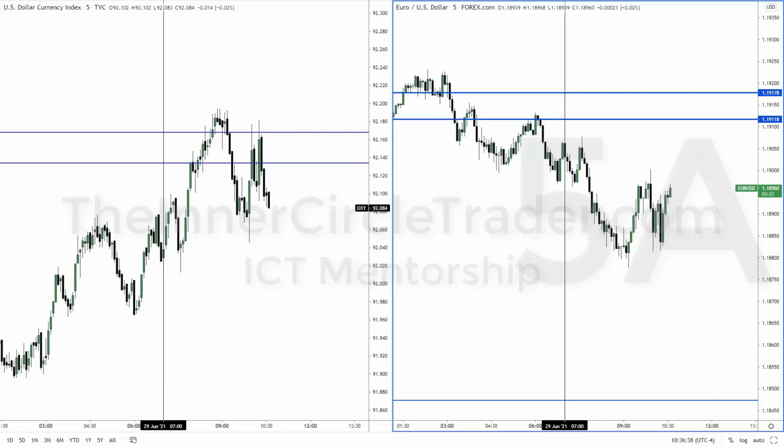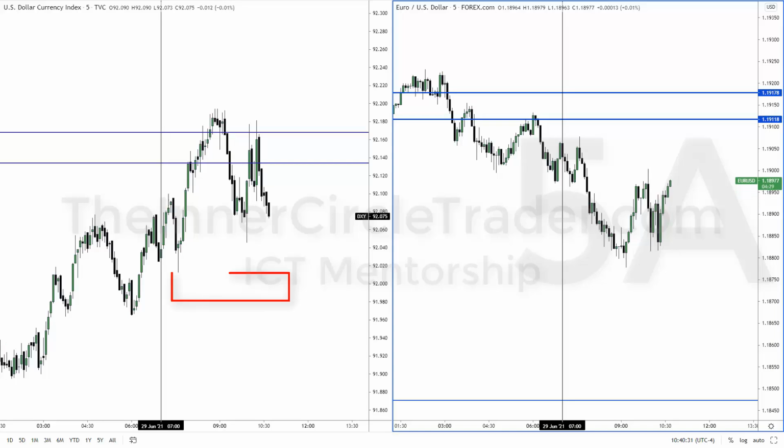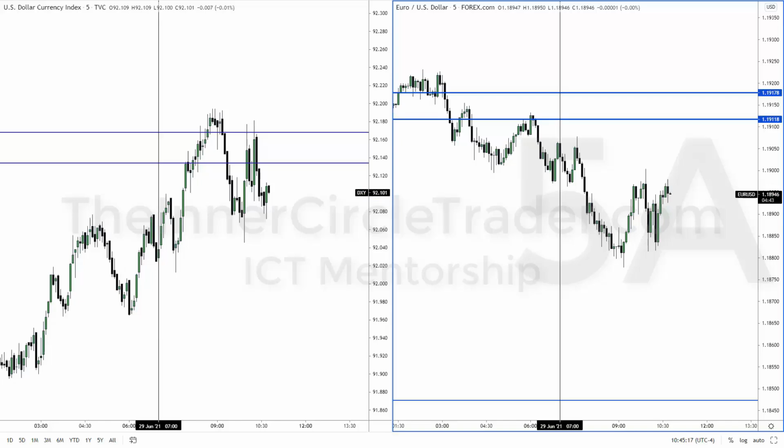So euro dollar should expand to the upside in this New York session, and dollar index may trade back down into its sell side liquidity pool and the fair value gap, volume imbalance, and bullish order block on the 5-minute dollar index chart. That right there is a nice sell for dollar.